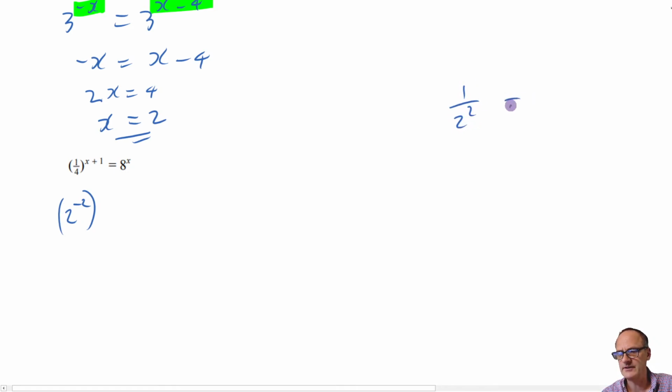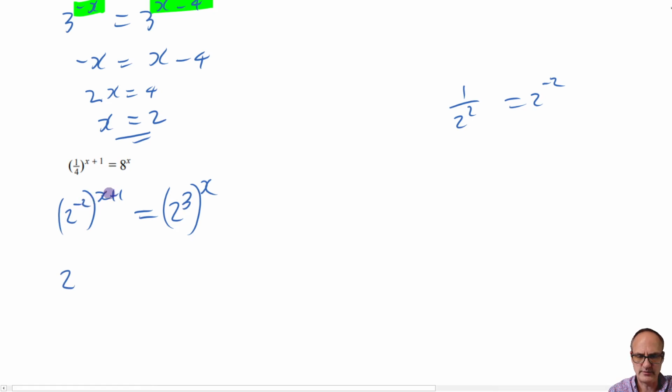Remember, 1 over anything gives you 2 to the minus 2. And we've got x plus 1 here, and we've got 2 to the 3, to the x, because 8 is 2 cubed. We multiply these indices out when you've got a power of a power, so minus 2 times x plus 1 equals 2 to the 3x.